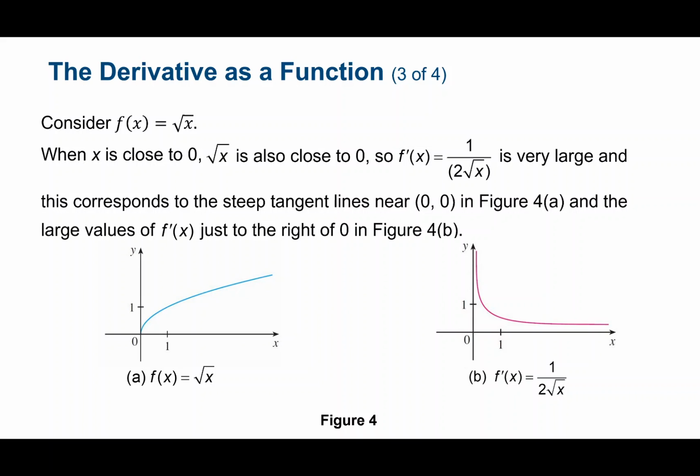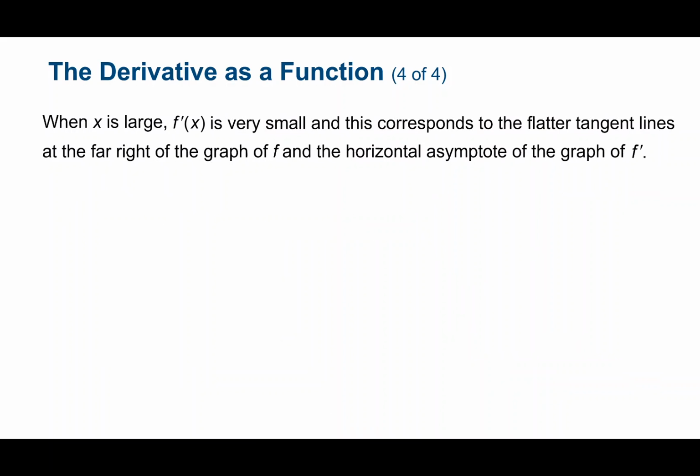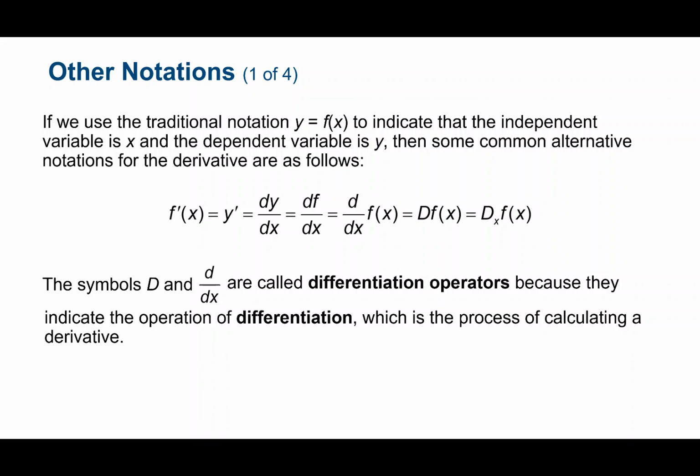Order of business number 2 in this section is to talk about some of the bajillion different notations that are used for derivative. Okay. So we have focused on f prime of x, the derivative of our function at x. All of these notations mean the same thing.